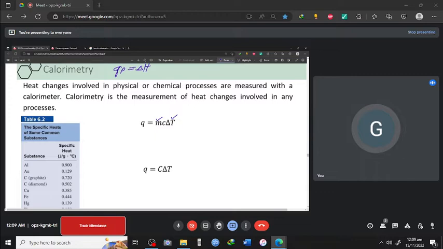So, bigay tayo ng example. One example na naisip ko is, for example, meron kang 5 ml na tubig versus 1 liter na tubig. Between the 5 ml water and the 1 liter water, sinong mas mabilis pakuluan? Sige nga, sino mas mabilis pakuluan? Yung 5 ml na water or yung 1 liter? Siguro, kung naririnig ko ngayon, you might be answering yung 5 ml of water.